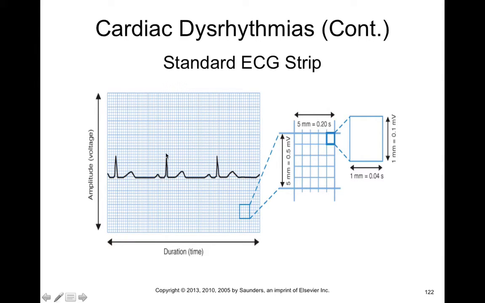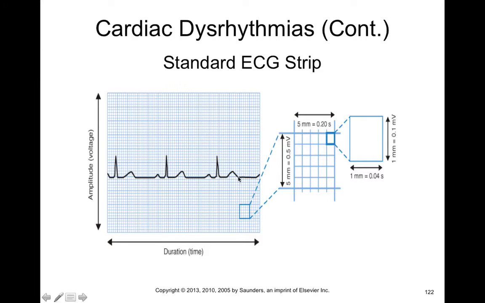You've got the P, Q, R, S, and then T waves. So P wave is smaller. You get the QRS wave, which is this taller peak here, and the T wave is this larger sort of hump. And the P wave is associated with atrial depolarization. The QRS wave is associated with ventricular depolarization, and then the T wave here is associated with ventricular repolarization.